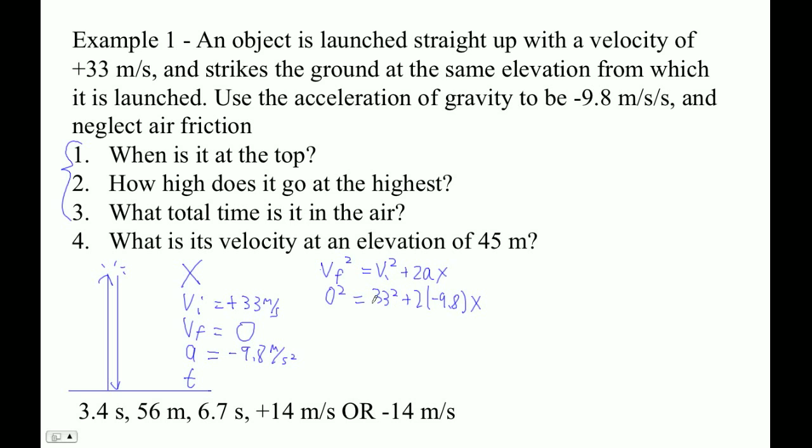So I'm going to go 33 squared, which is 1089, and if I put it on this side, it's negative 1089 equals 2 times negative 9.8 times x. So now I'm going to divide that by 2 and by negative 9.8, and I get 55.56.